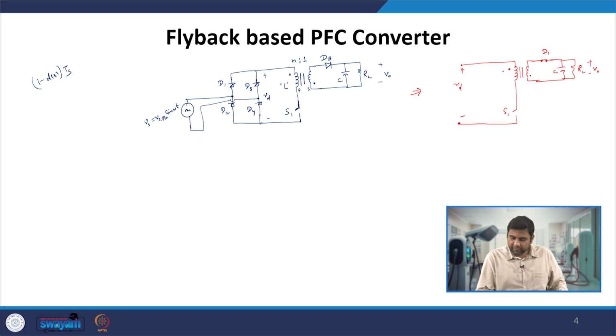That means you have voltage induced in this way, V equal to L di dt, and because of this positive negative polarity, here we have a negative and positive polarity. That is when this diode dB is forward biased, and the current starts flowing to the load in this manner.